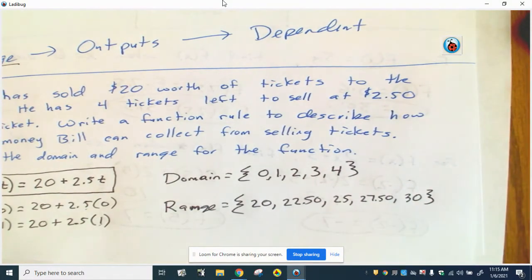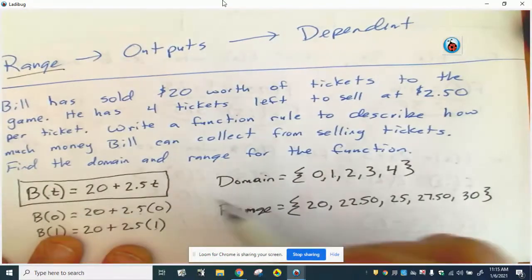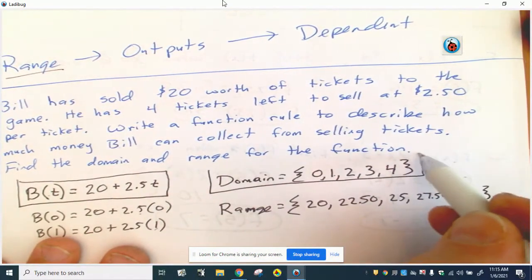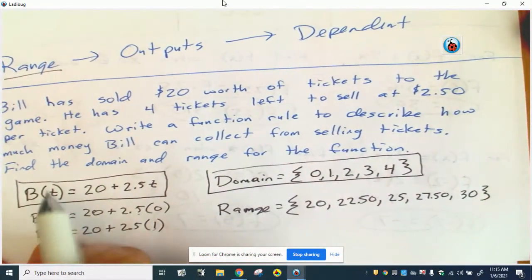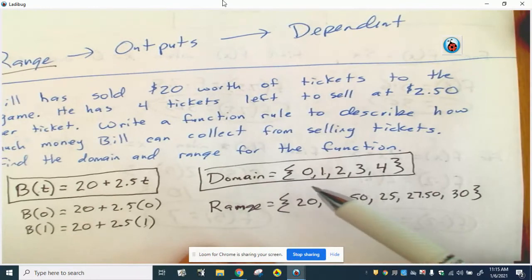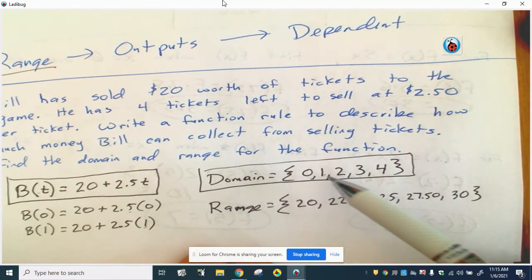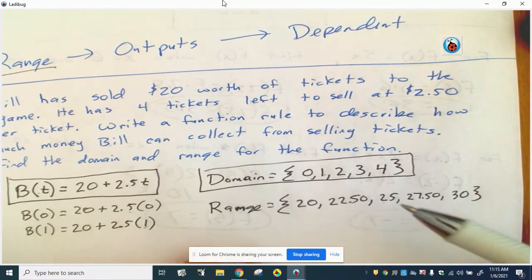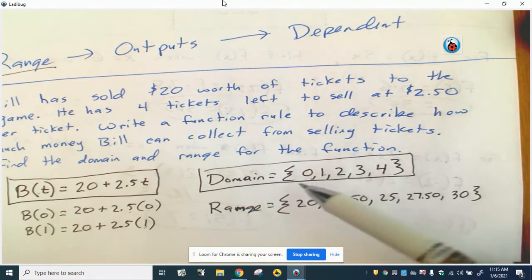Okay? So basically, what we need to be able to do is come up with an expression to represent the equation. He had $20. He was selling at $2.50 per ticket. Our domain was how many tickets could he sell. I mean, he can't sell half a ticket, so we don't have to worry about decimals.